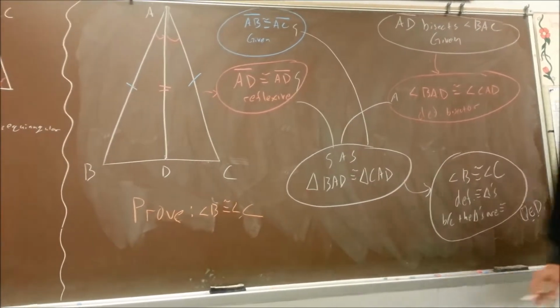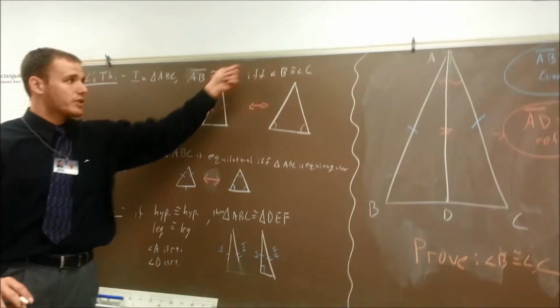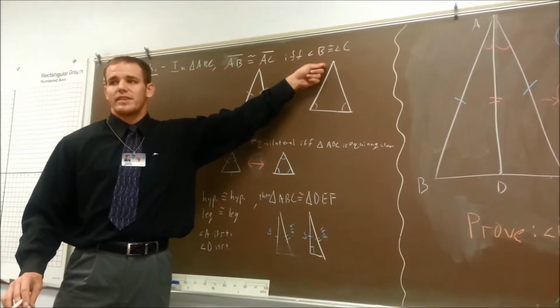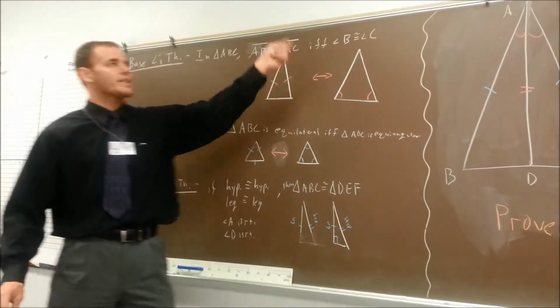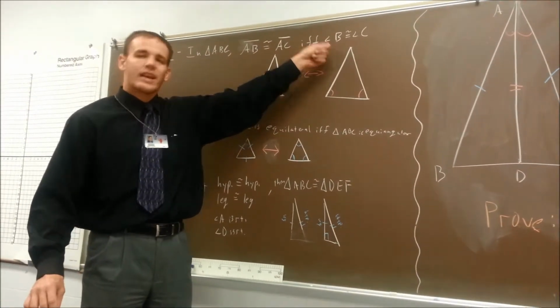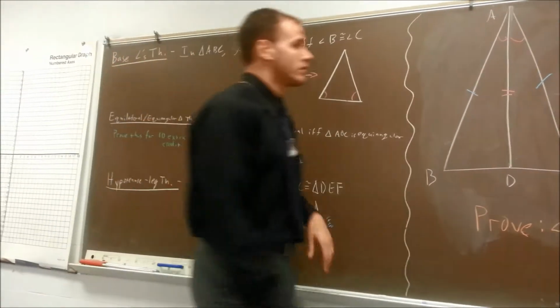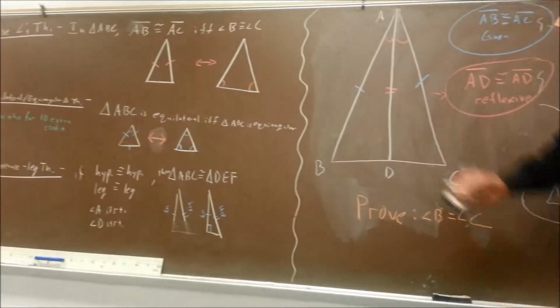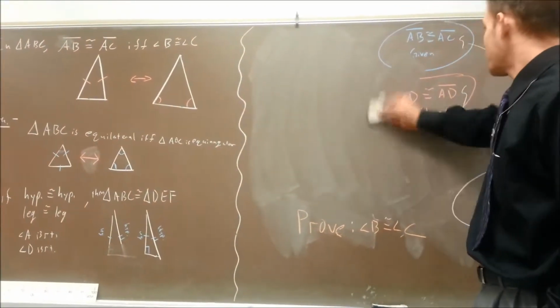So, we have proven it going this way. We started with the sides being congruent. We proved the angles are congruent. Guess what? Now we got to go backwards. We got to start with the angles being congruent and show the sides are congruent. So let's do that one too. It's almost going to be the exact same thing.